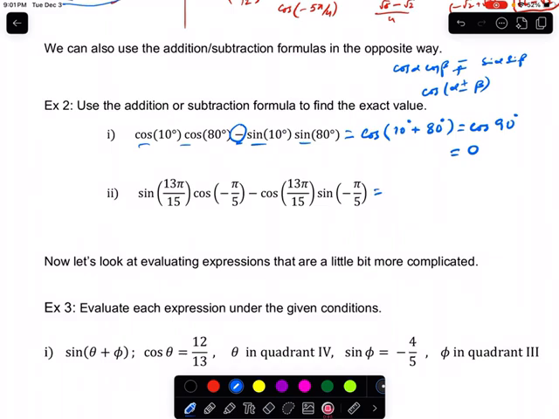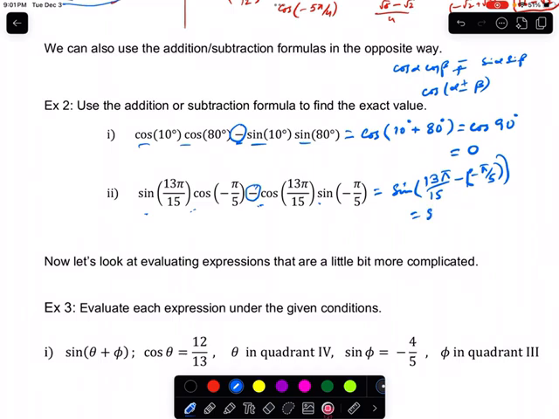What about this one now? Now this is sine cosine. In both terms you have a sine and a cosine. So this is sine of alpha plus beta or sine of alpha minus beta. What will tell us? This middle sign. This is negative, so I have sine of alpha minus beta, which means sine of 3 pi over 15 minus negative pi over 5.